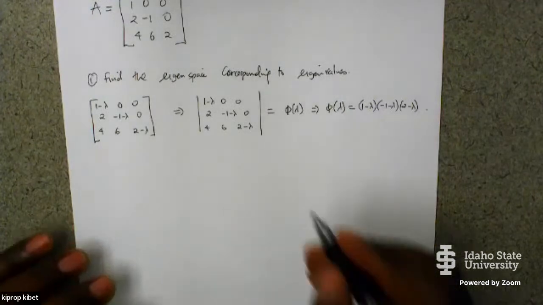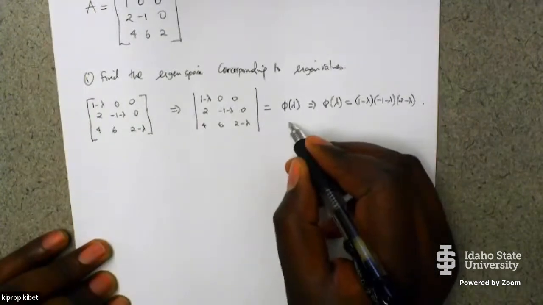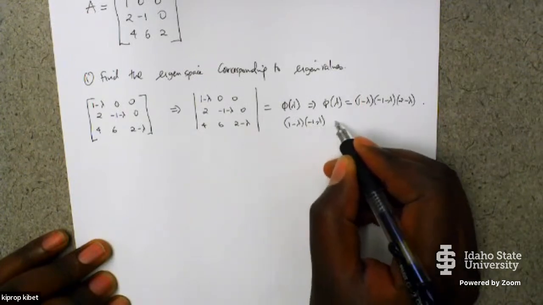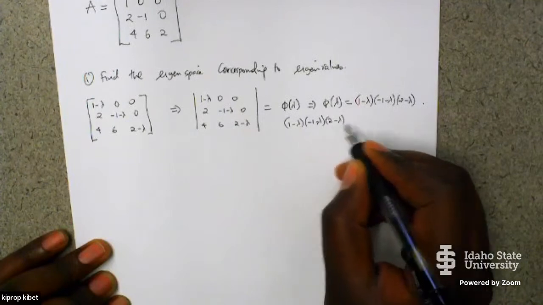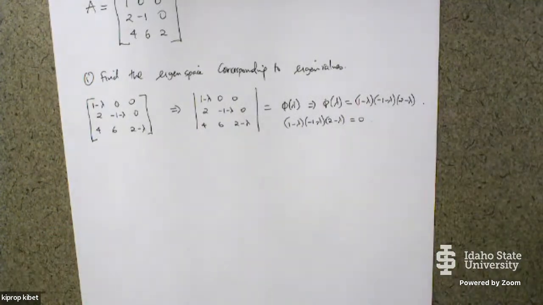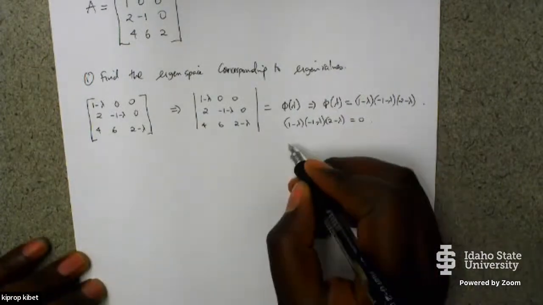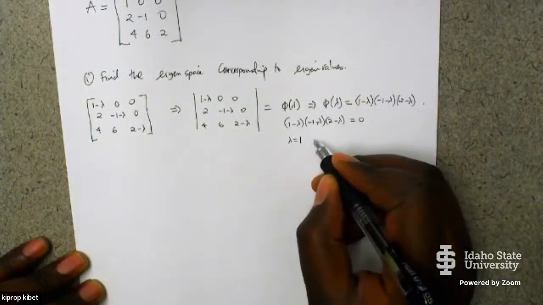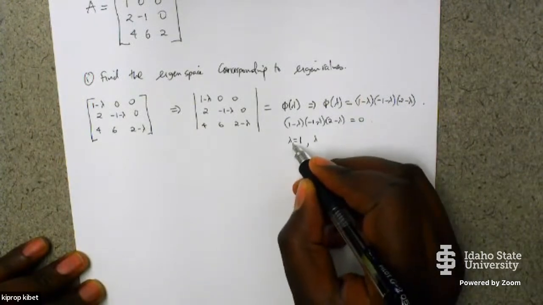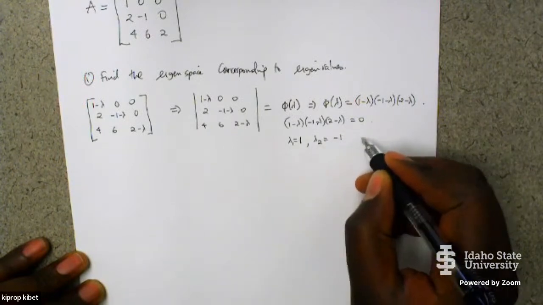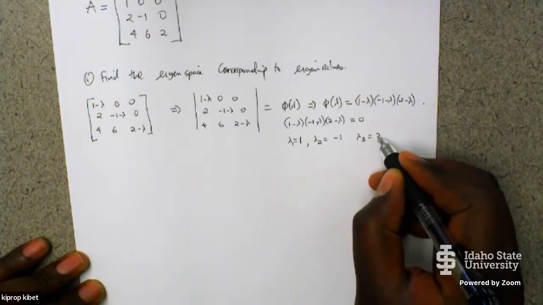So the characteristic equation is (1 minus lambda)(minus 1 minus lambda)(2 minus lambda) equals 0. Using the zero product property, lambda 1 equals 1, lambda 2 equals minus 1, and lambda 3 equals 2.